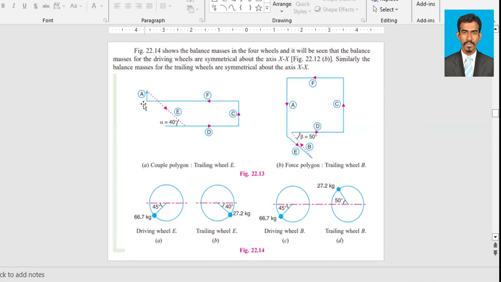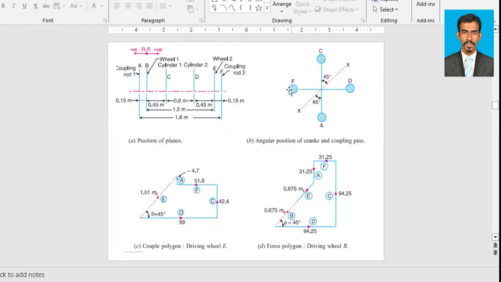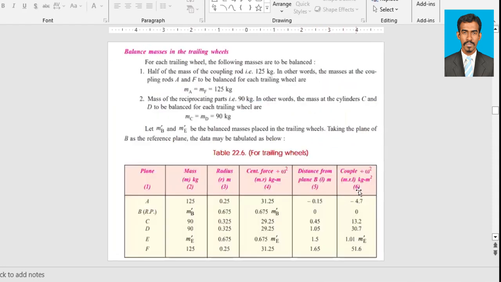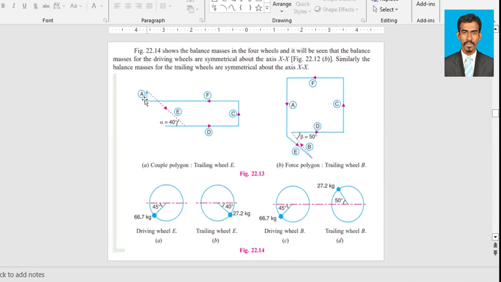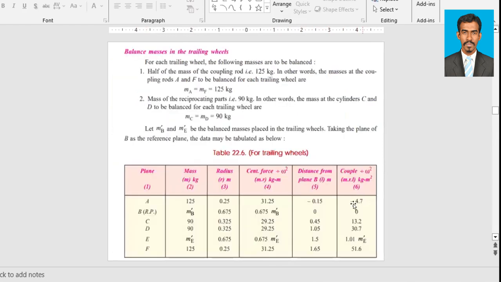Then we have A, which is downwards, but according to our value it is minus, so we draw it upwards, minus 4.7, this way. So now we have drawn for this and this. Since it's 0, it doesn't have any value.